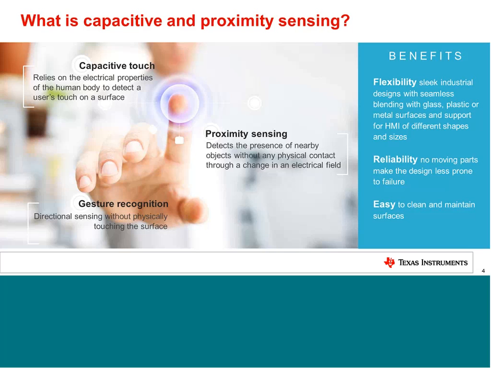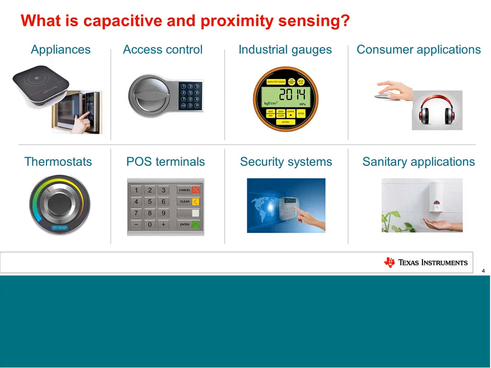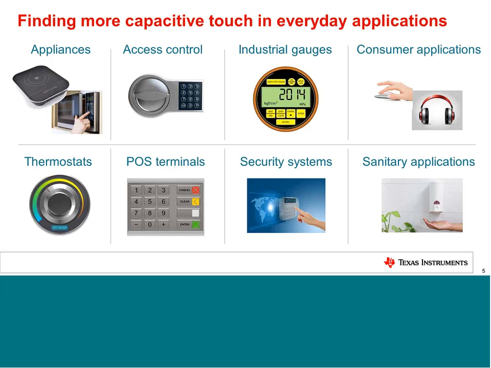So we are able to eliminate mechanical buttons using capacitive touch technology, which is also very easy and clean to maintain. We are seeing lots of applications: appliances, electronic locks, access control, thermostats, security systems.